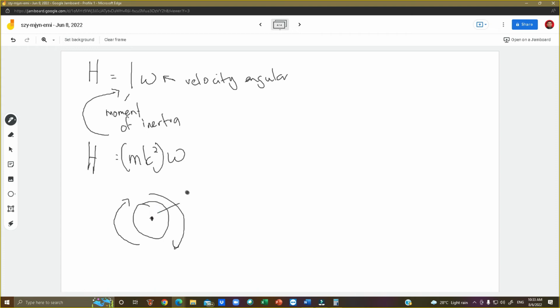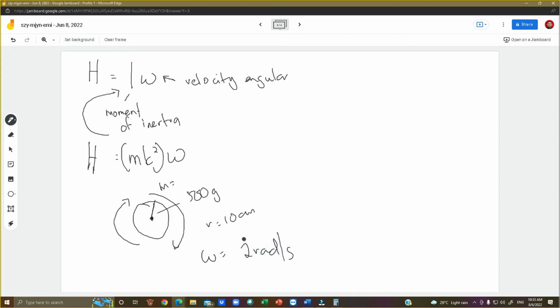Example, if the ball is 500 gram in mass, and the radius of gyration is 10 cm, and the rotation of the object, the omega, is 2 radian per second.